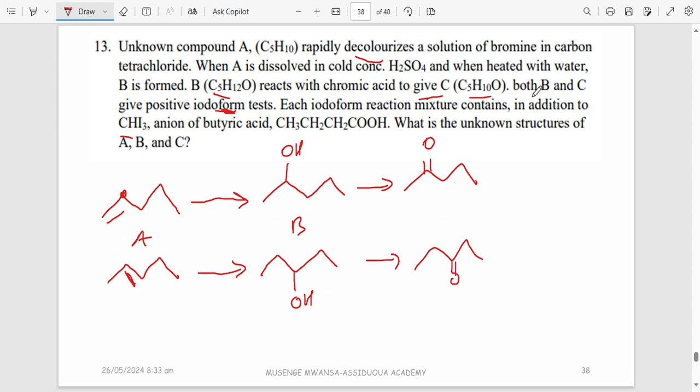But we've been told that both B and C give a positive iodoform test, meaning that they have a terminal methyl group. This B doesn't have a terminal methyl. This B doesn't have a terminal methyl. This one has a terminal methyl. This one has the terminal methyl. So you see, the structure for A is this one, the structure for B is that one, and the structure for C is this one. So that is the answer for this one.